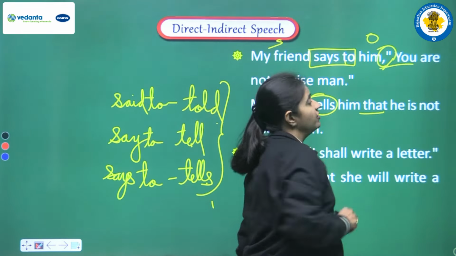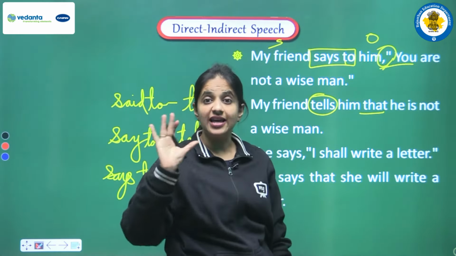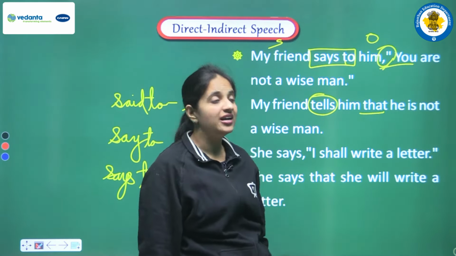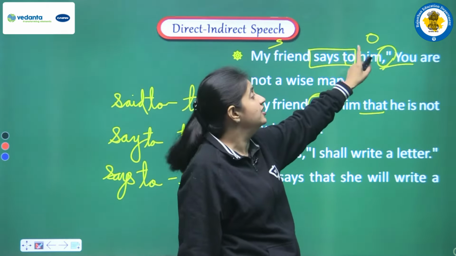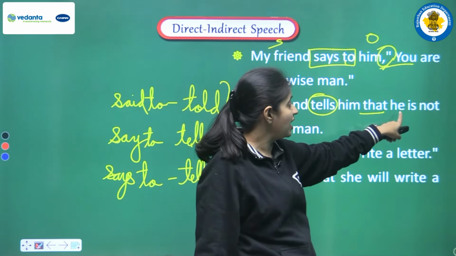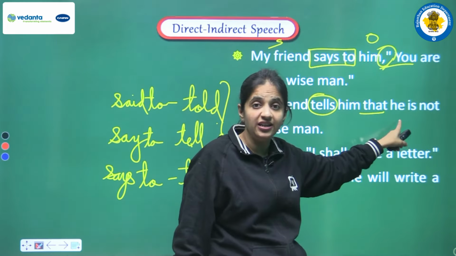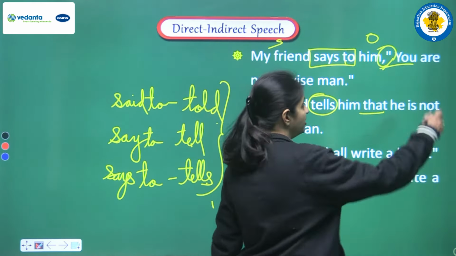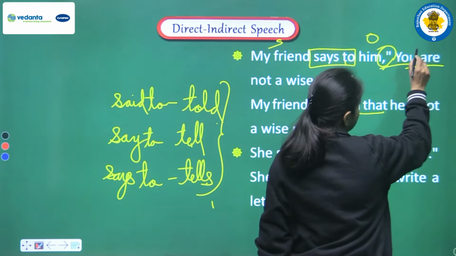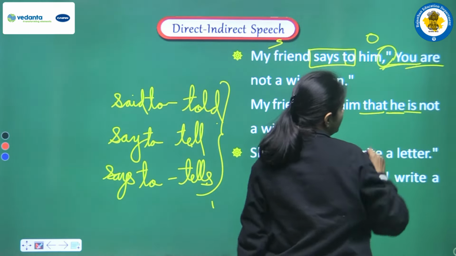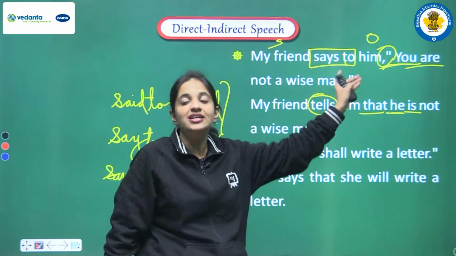So here first of all we have you, that is a second person pronoun, and according to the rule, second person pronouns are changed according to the object. The object we have here is him. So for him we are converting you to he. Clear? Again we are not changing the tense, but here we were using are because we had you, but now that we have he, for he we are using is here.